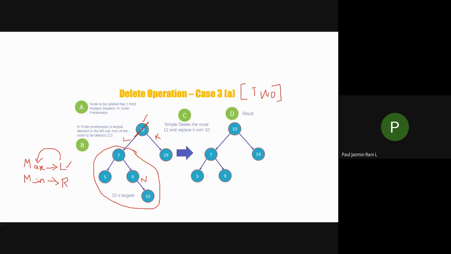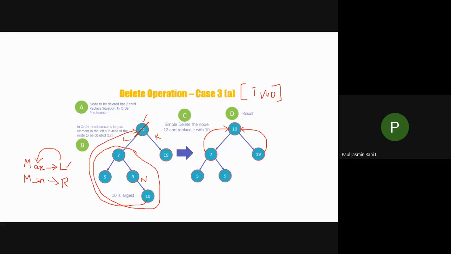If it is null, automatically it is detached. Then I have to take this one and bring it back to this part. I have to take the address of this one, and in the left child I should take the address of 7 and mark it in the left child node. Similarly, on the right side I have to take the address and mark it over here. If I do this, what happens? 10 will be placed over there.